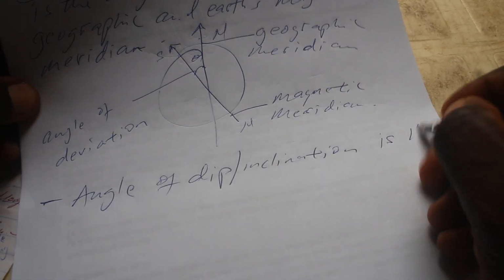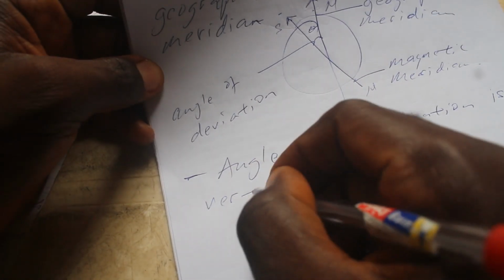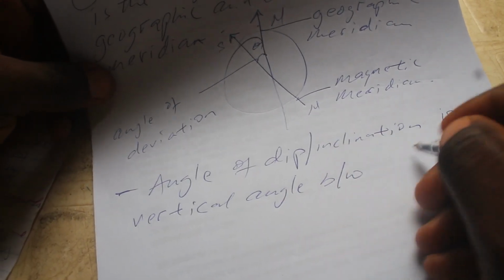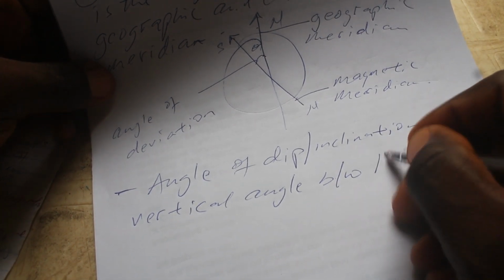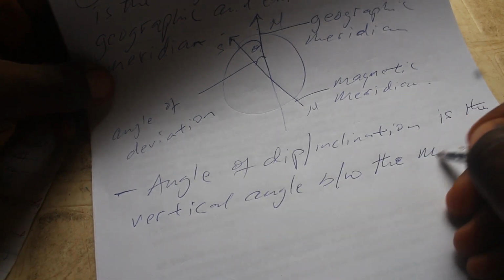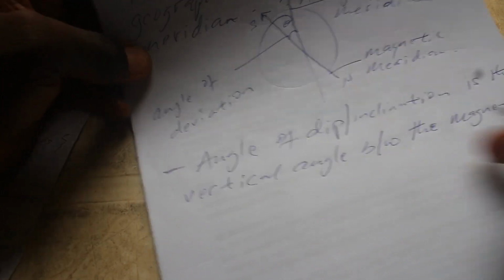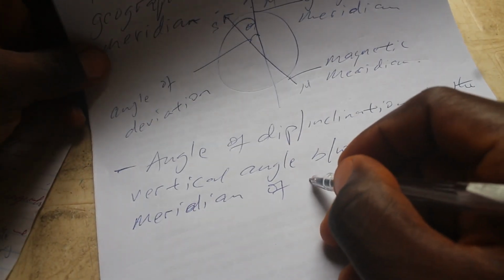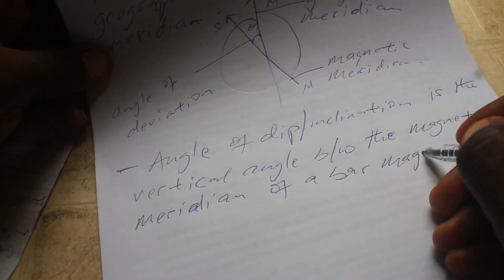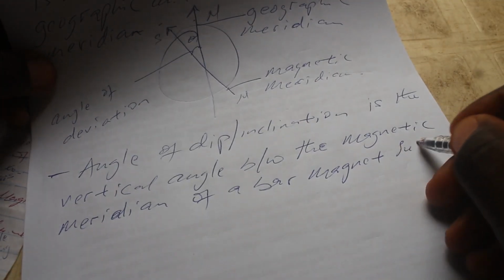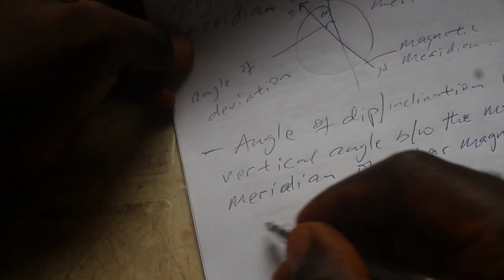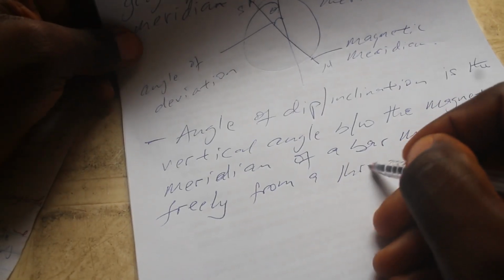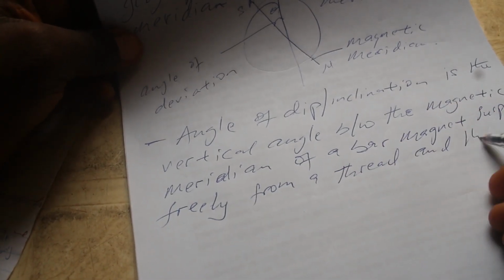So we say it is the vertical angle between the magnetic meridian of a bar magnet suspended freely from a thread and the horizontal.